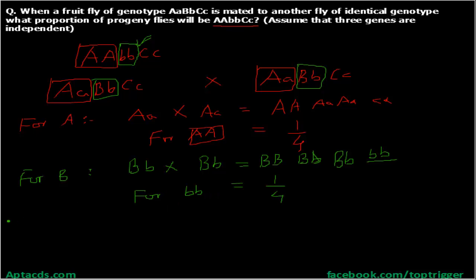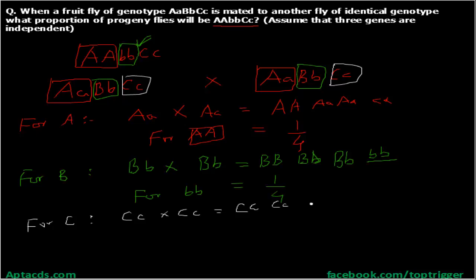Now for C, we have to consider this cross. So for C, again it will be crossed like this. So this is going to give this genotype.